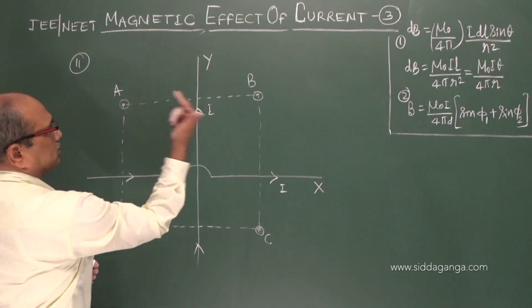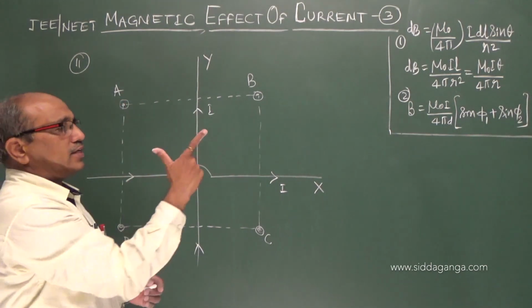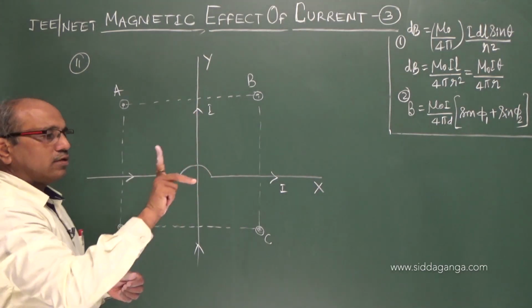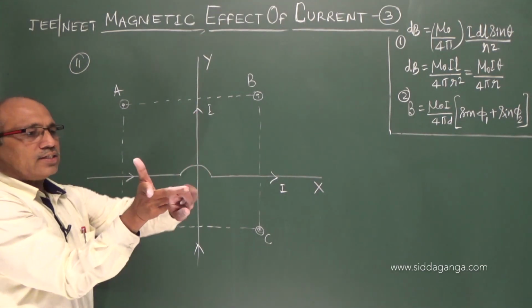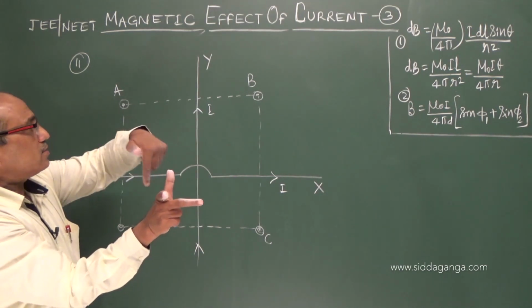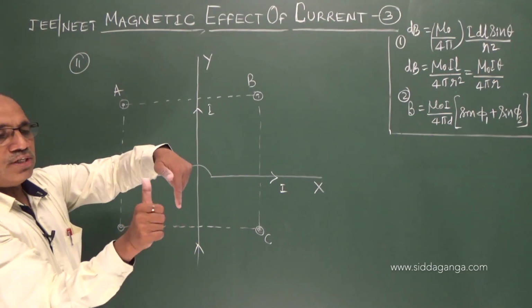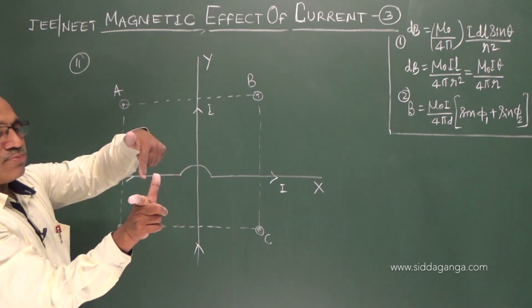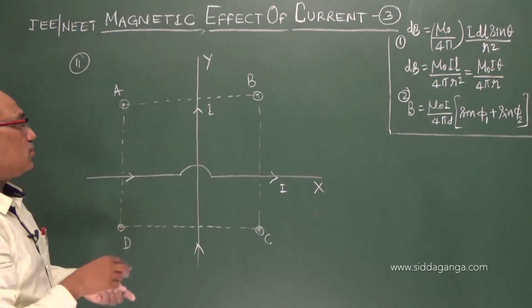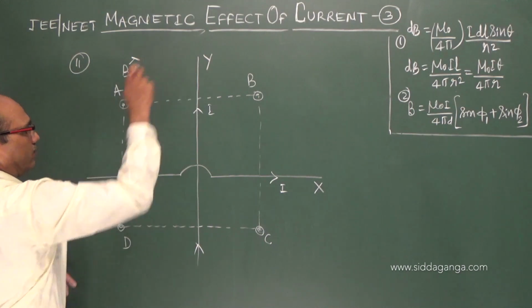So the direction of this is out of the board, if I take XYZ directions: X, Y, Z. Now the current is anti-clockwise because of this. That means positive Z. Positive Z is BK of this wire.